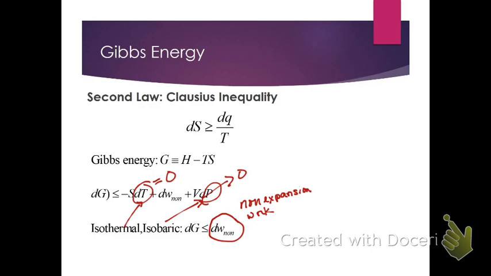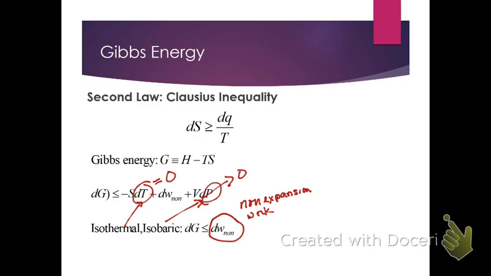So non-expansion work is work that is not that kind of work. There are many examples of non-expansion work, but one of the most important for our particular interests is electrical work, the work associated with the flow of charge, which is important in biochemical systems. That's an example of non-expansion work.